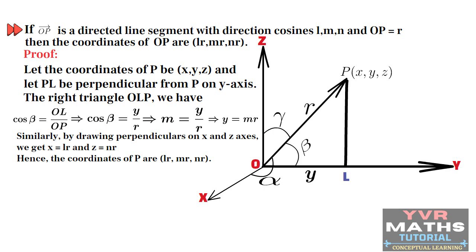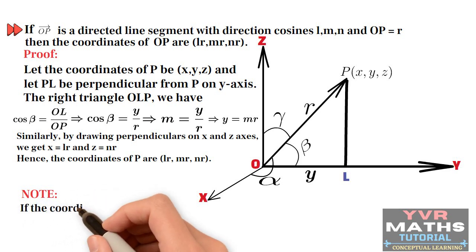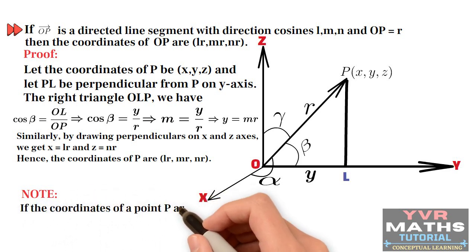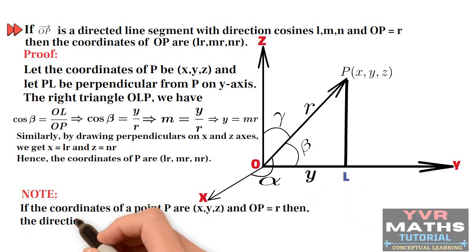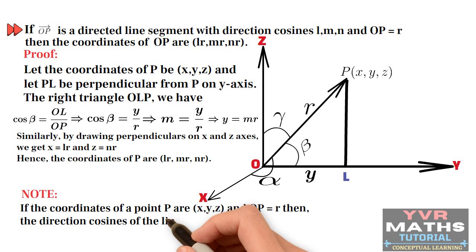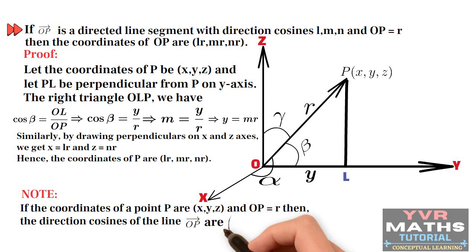By using the above discussion, we can remember one important note. If the coordinates of a point P are x, y, z and OP is equal to r, then the direction cosines of the line OP are x by r, y by r, z by r.